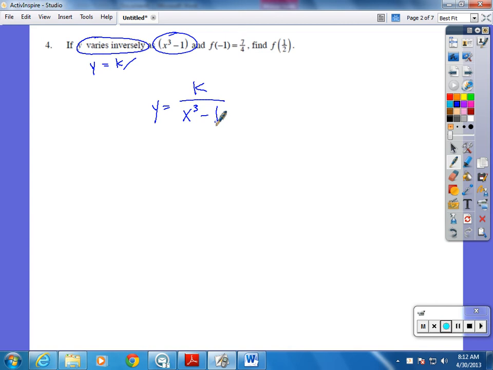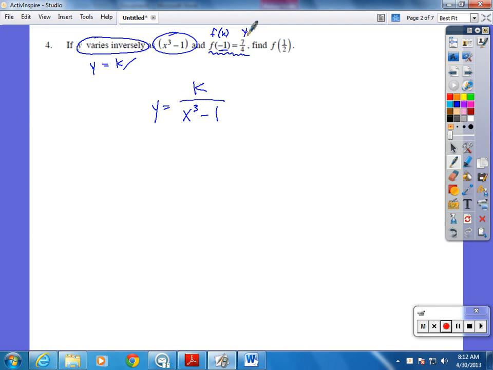Now, the second piece of this is they give us some information. However, a lot of people here struggle with which value goes where. Remember, f of x is function notation from Algebra 2, which means the x value is negative 1. Okay, so the x value here is negative 1, which means 7 over 4 is what value?